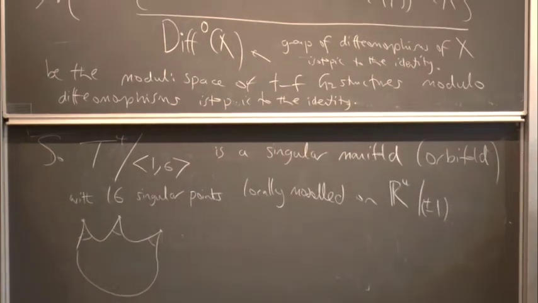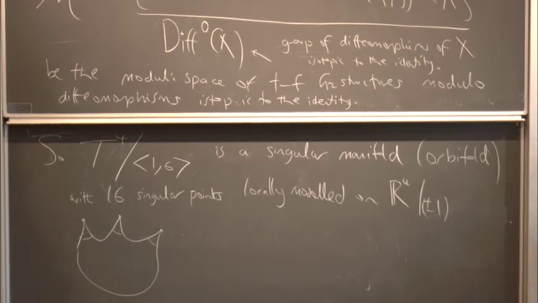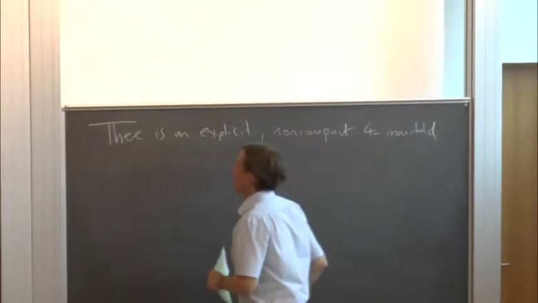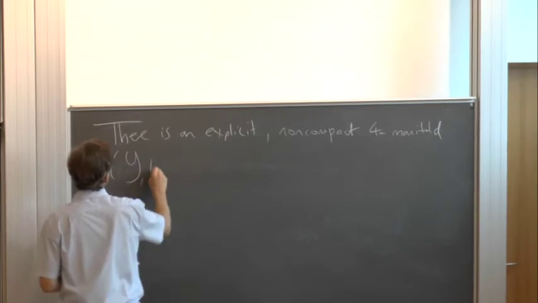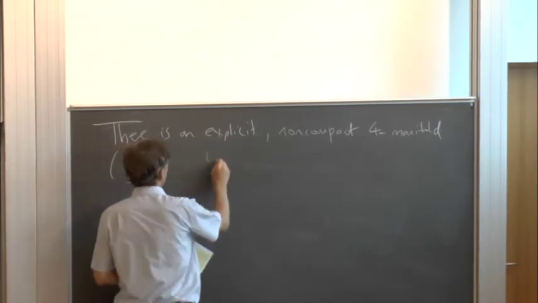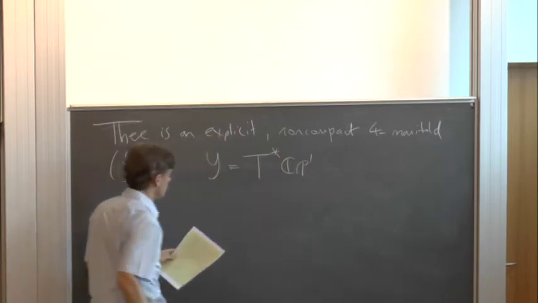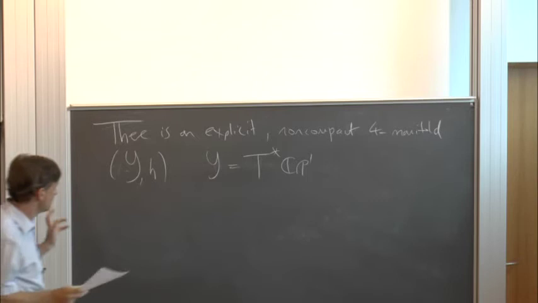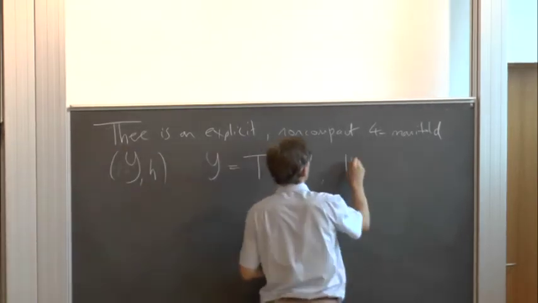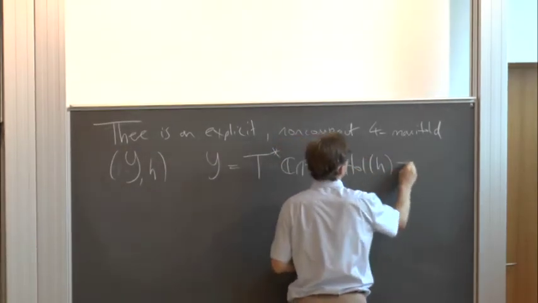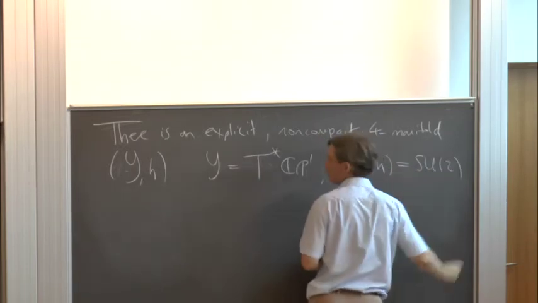In fact, there is an explicit non-compact 4-manifold (Y, h). You can take Y to be the cotangent bundle of CP^1, or the tangent bundle, but the cotangent bundle is nicer in some ways. The holonomy group of h is SU2, so it's the Eguchi-Hanson metric on there.